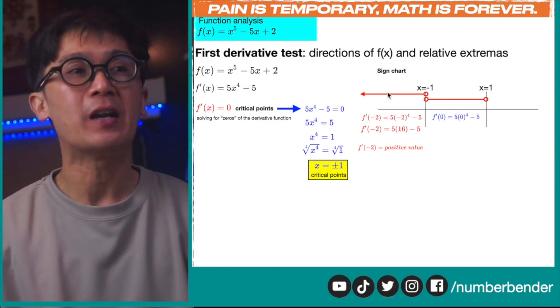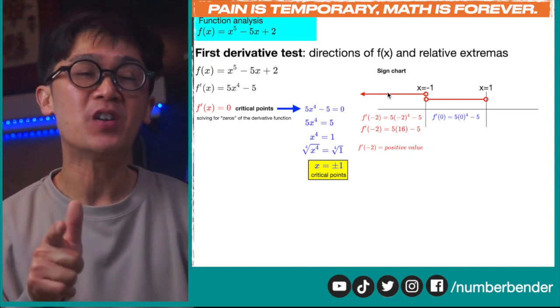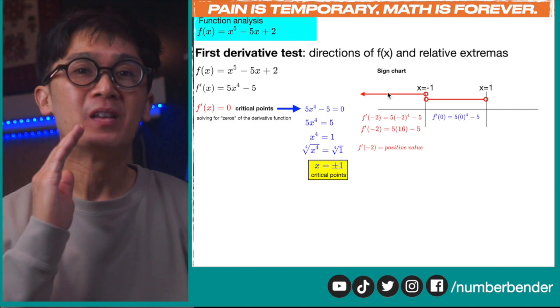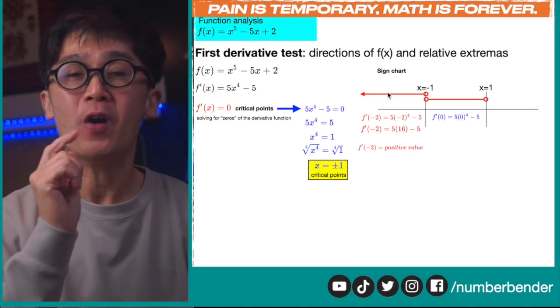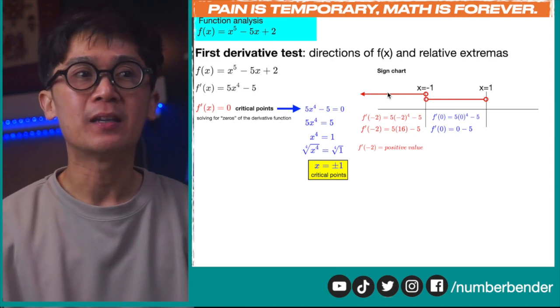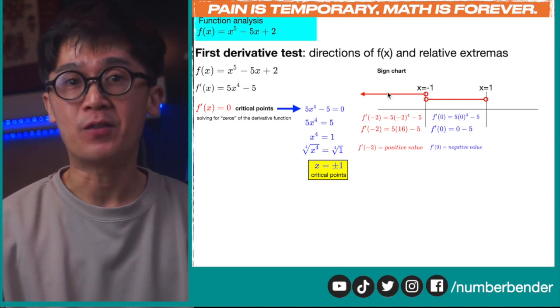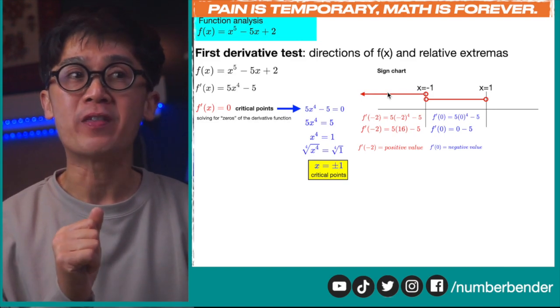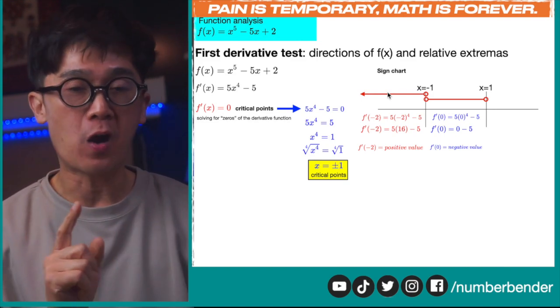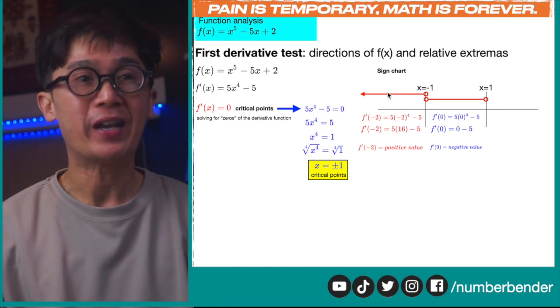So we'll use 0 and plugging it into the derivative function will find out if it's positive or negative yung ating slope. And in this case, 0 minus 5 is a negative number. So therefore, ang ating derivative value for the interval -1 and +1 is a negative slope or negative.